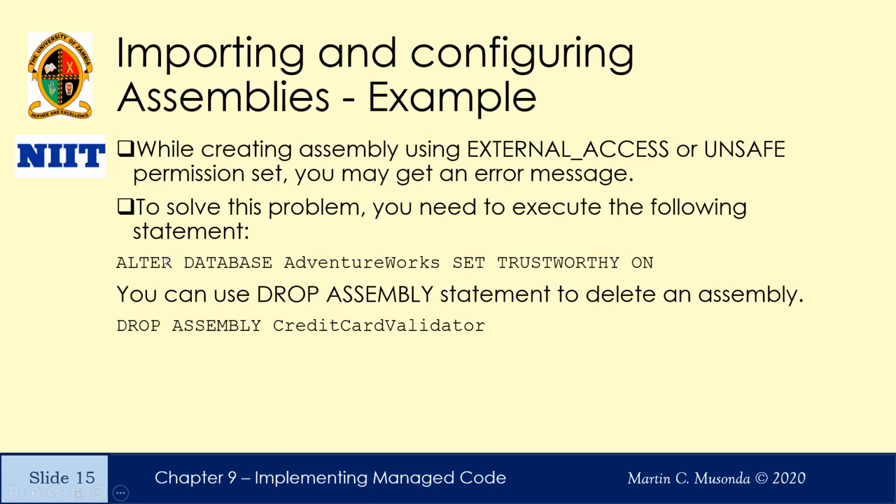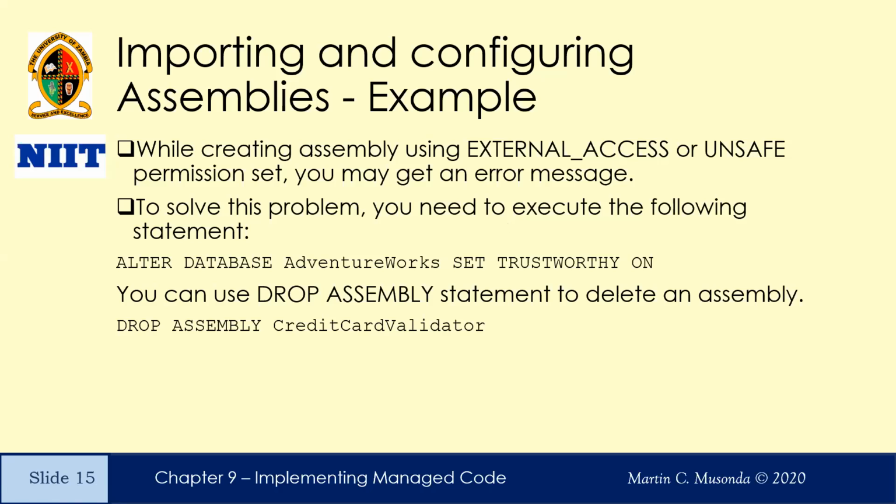So you run this statement to change the security label of the entire database so that you can allow external access and unsafe permission. Because remember, these give considerable access to the assemblies, access to the network, access to registry, environmental variables, and so on.